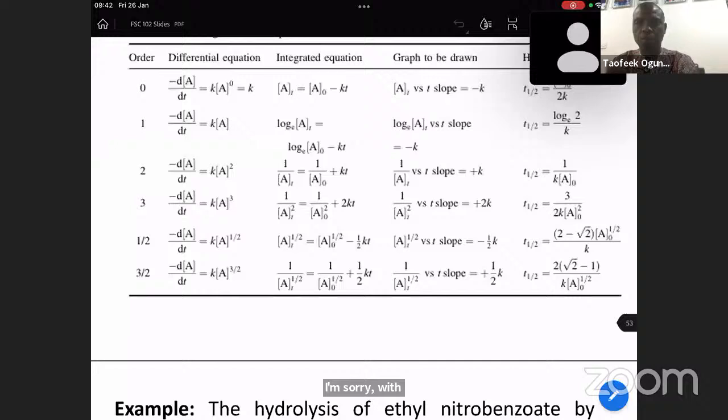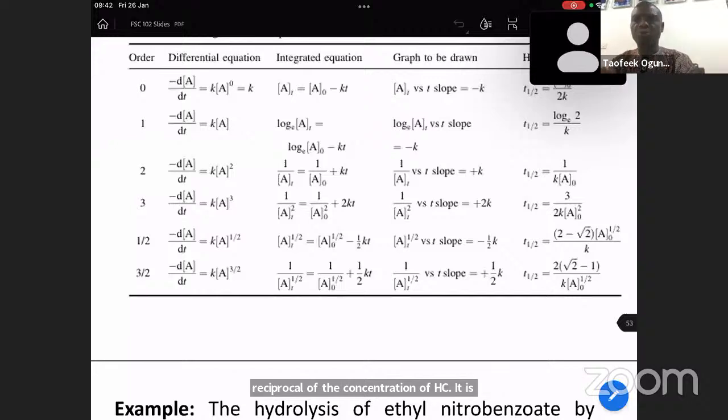The same thing with second order reaction. The reciprocal of the concentration of the reactant at any time T is equal to the reciprocal of the original concentration plus Kt. How do you use that to check if the reaction is second order? You plot the reciprocal of the concentration of A at time T against time.